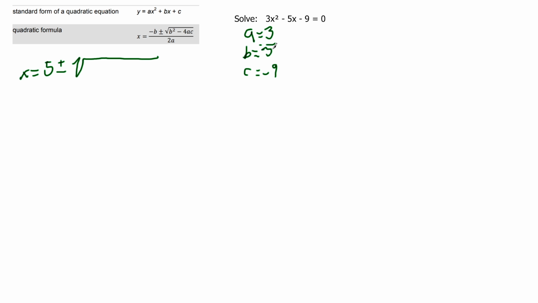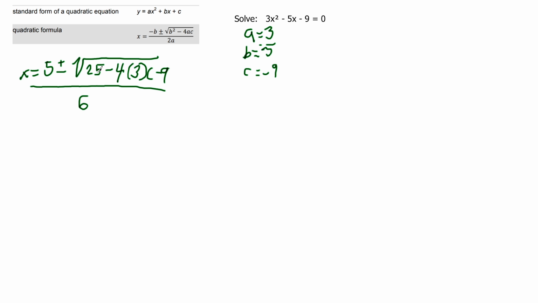Negative 5 squared, negative 5 times negative 5, is a positive 25. Minus 4 times a times c. So 4 times 3 times c, negative 9. All over 2 times a. A is 3, and 2 times 3 is 6. So all this over 6.